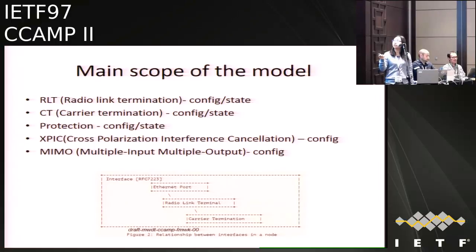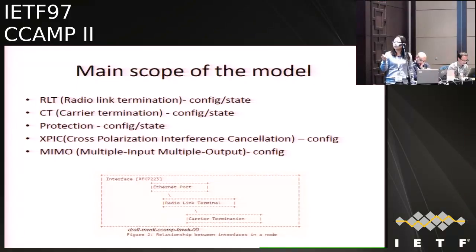So that's Ethernet or any other existing client services. We will include how to set up the connection from the client interface into the radio link terminal, but we don't touch the details on how to model this client interface.